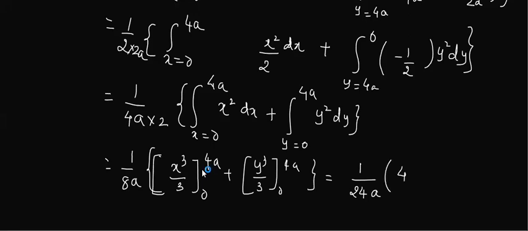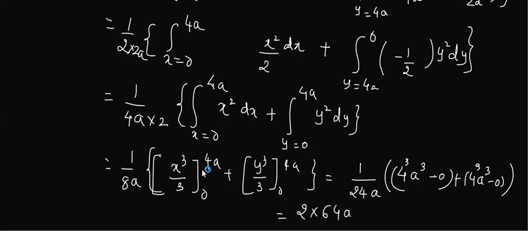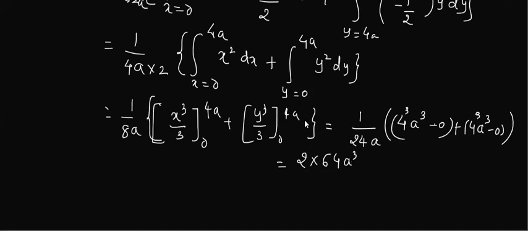Substitute the limit. 4a cube: 4 cube a cube minus 0, plus 4 cube a cube minus 0. So you can say 2 times 4 cube. 4 cube is how much? 64, right? So 2 times 64 a cube divided by 24a.